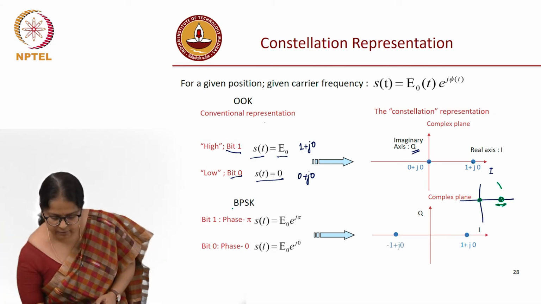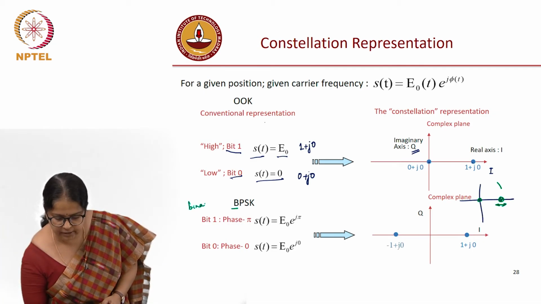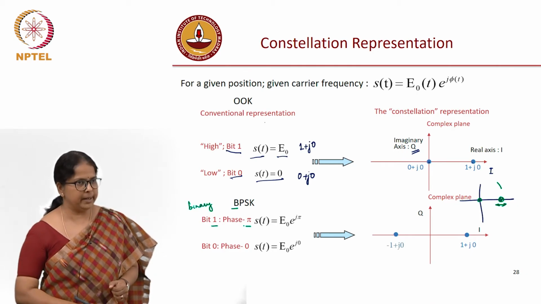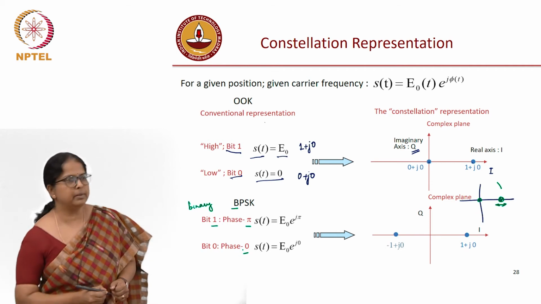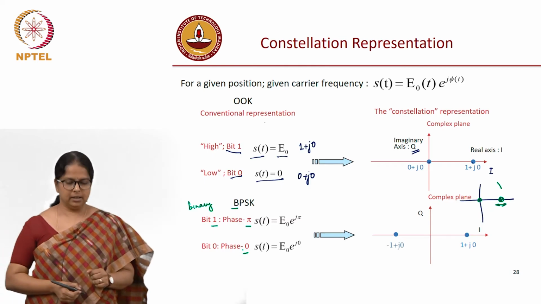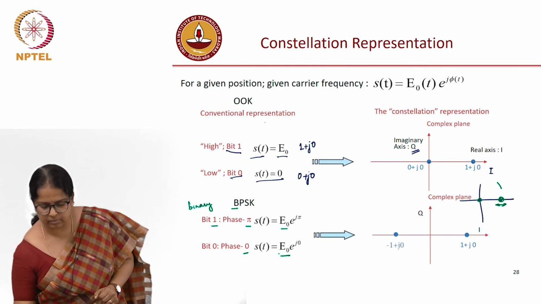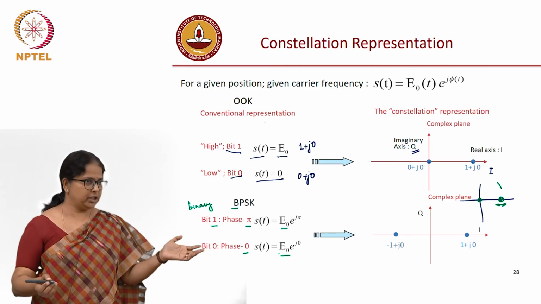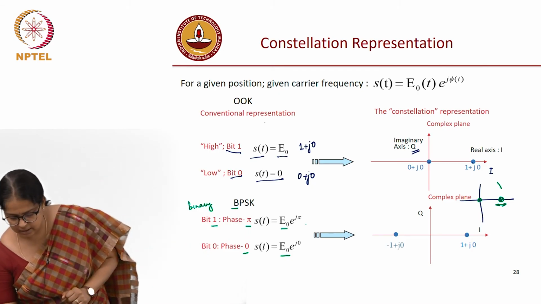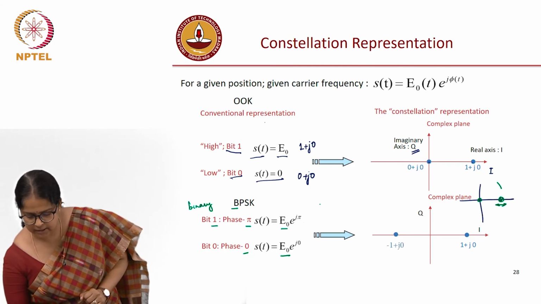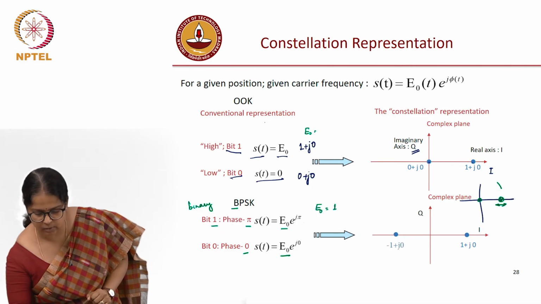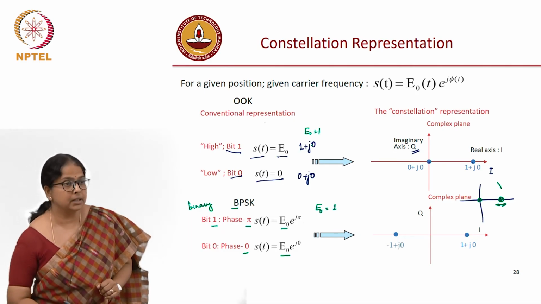Now, BPSK would mean binary phase shift keying. So, let us say bit 1 is represented by a phase pi and bit 0 is represented by a phase 0. How does the constellation look like? Now, look at the amplitudes. Amplitudes are not changing, it is only the phase that is changing, which means the complex number representation for this, if I say my E naught is equal to 1, here also I had assumed E naught is equal to 1, that is why I got 1 plus J0.